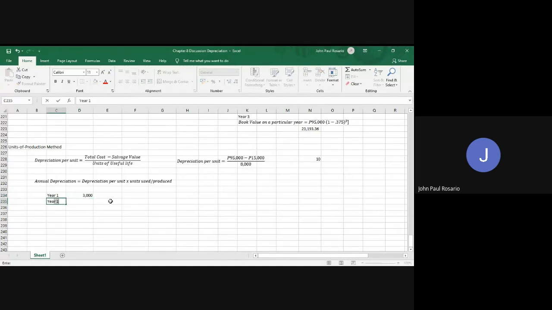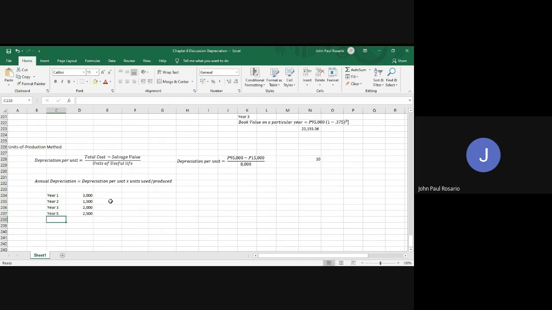On year two, they used 1,500. On year three, they used another 3,000. Let's just say 2,000. And on year four, they used 2,500.